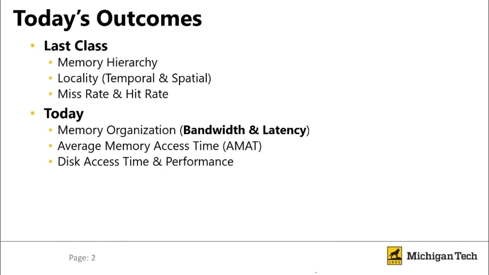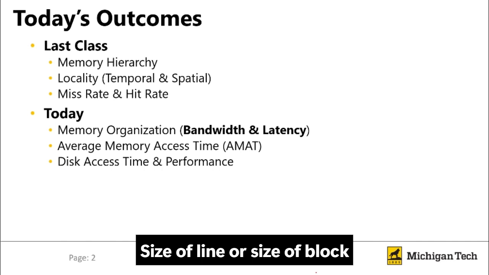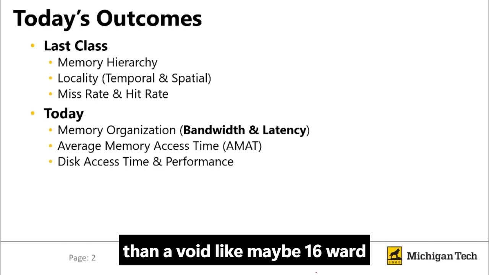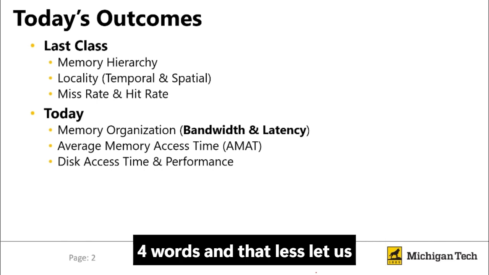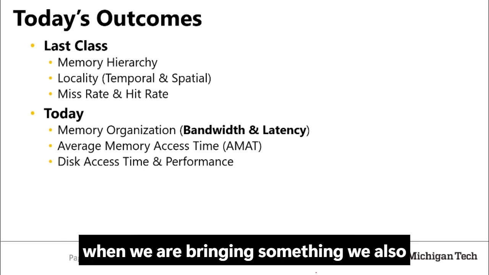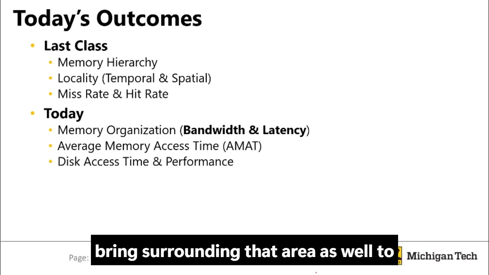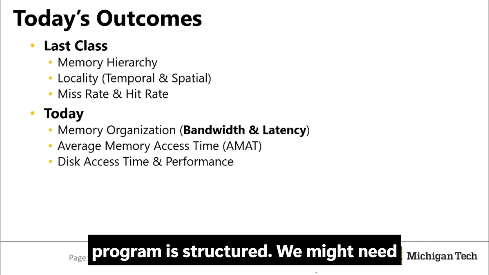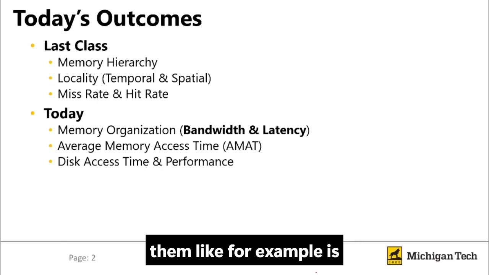The size of a line or block is much bigger than a word, like maybe 16 words, 4 words. That lets us, when we bring something, also bring the surrounding area, maybe because we want them later. If the program is structured, we might need them, like, for example, an array.